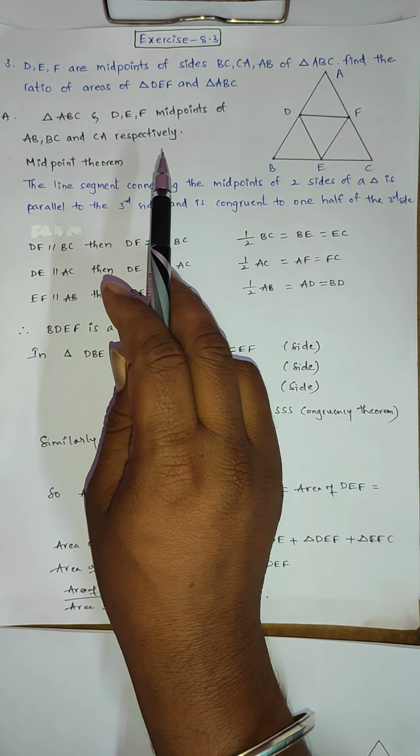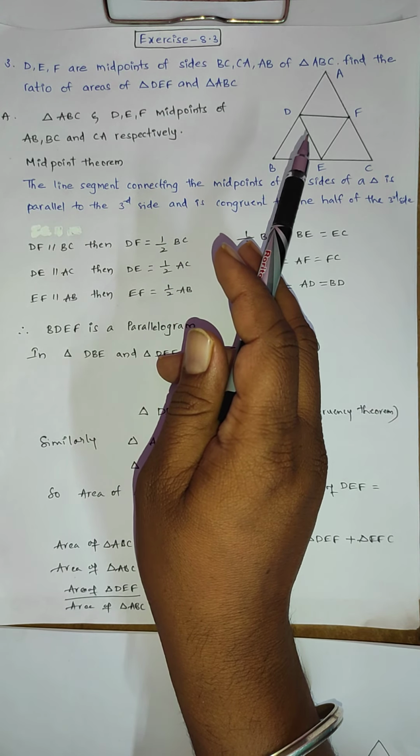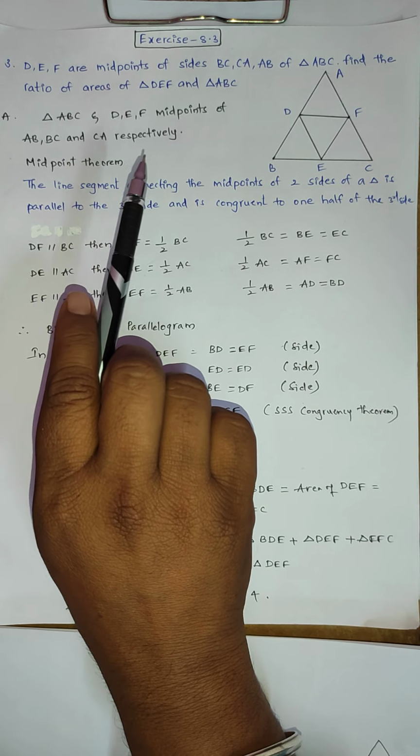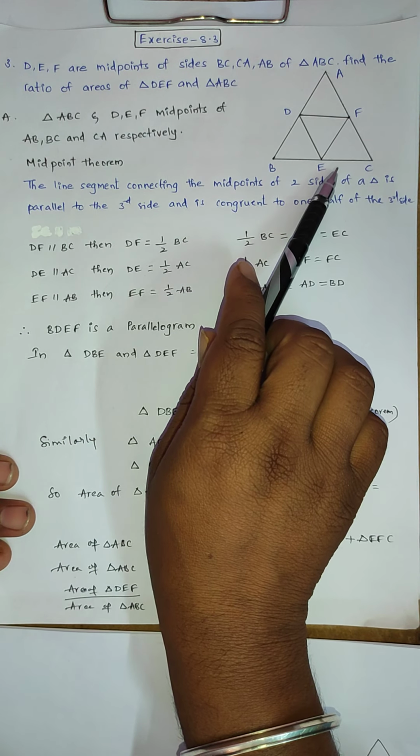DEF are midpoints of sides BC, CA, AB of triangle ABC. Find the ratio of areas of triangle DEF and triangle ABC. There is a right angle triangle.